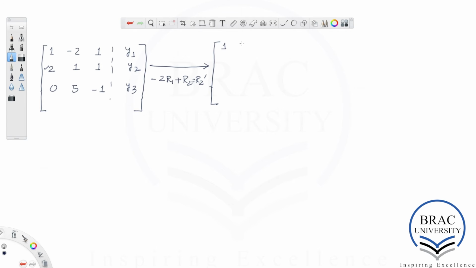The first row is unaltered, 1 minus 2 1 y1, and the second row becomes 0, 5, negative 1, and then minus 2 y1 plus y2, and the third row stays the same, 0 5 minus 1 y3.